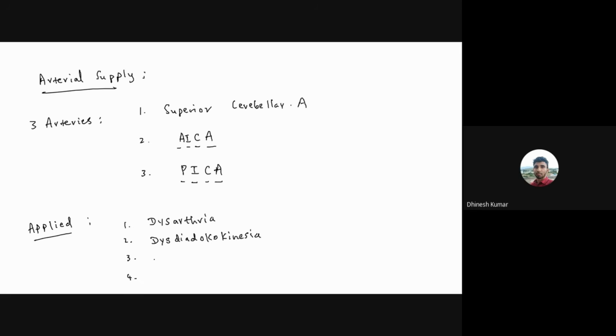Then we have intentional tremors. Then there will be hypotonia, decreased muscle tone. There are some 8 to 10 applied aspects given in your textbooks. Any four you can remember. Fine. Let's move to the next question.